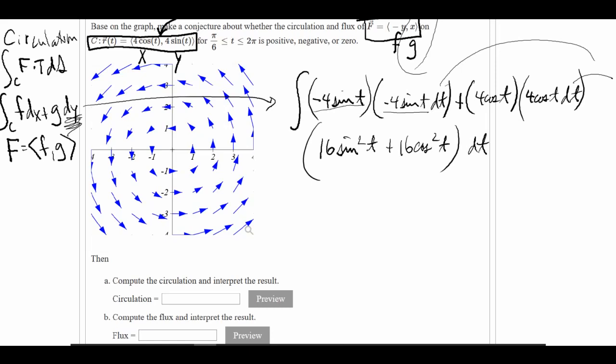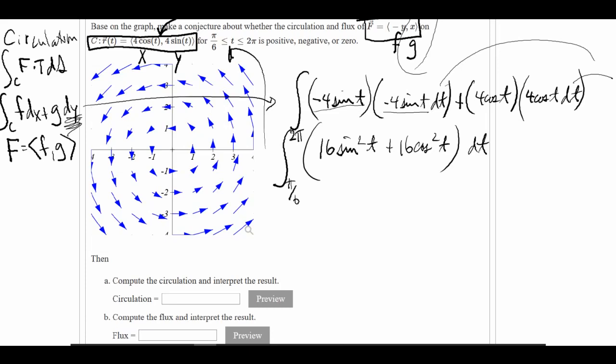Now, the values that we're integrating over are given right here. So we're going from pi over 6 to 2 pi. We can simplify this further by factoring out the 16, leaving us with sine squared plus cosine squared, which equals 1.